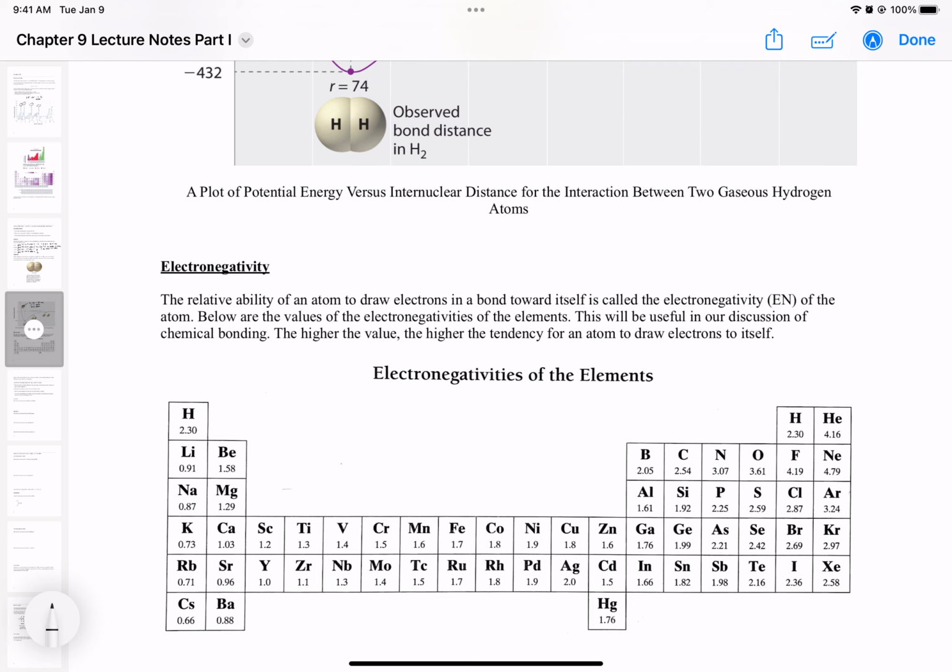So this concept is very important if students plan to go to organic chemistry or higher classes of chemistry. So here are the values of electronegativity. They were calculated based on experimental data that I will not go into, but these values will be useful for chemical bonding.